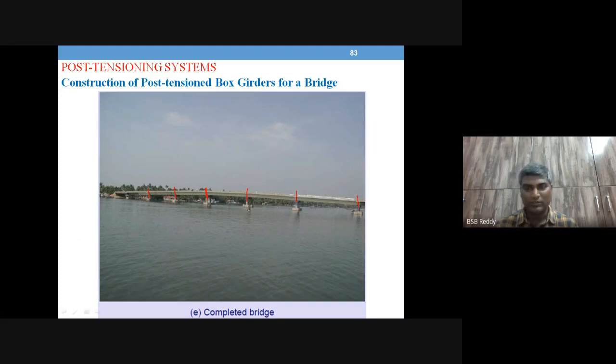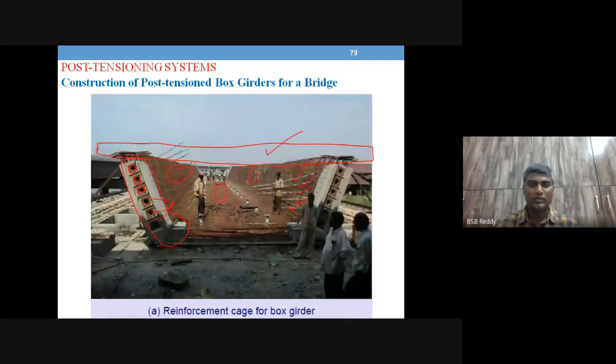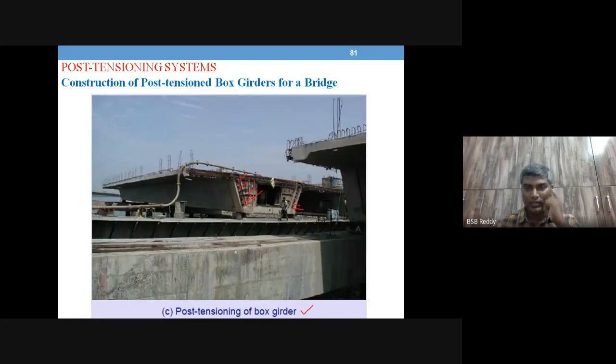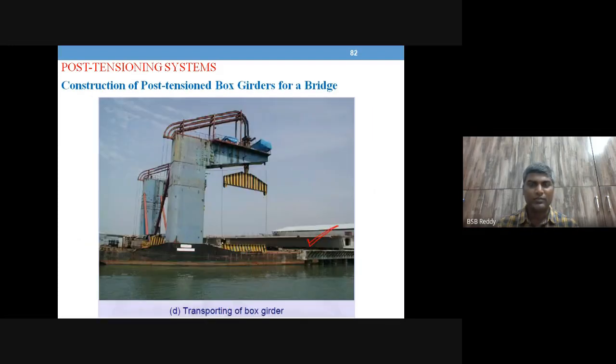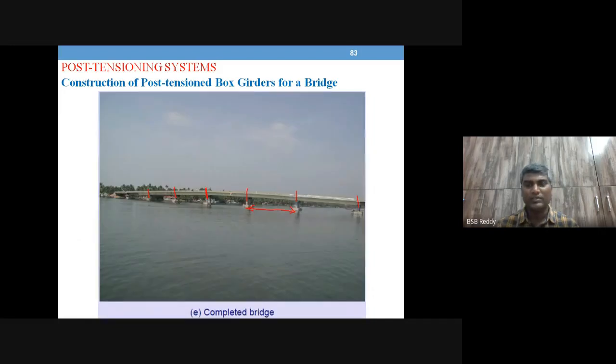This much span you can see is being made ready; just transport it and place it in position. So this is the second example: a box girder where ducts are left for pre-stressing steel, then formwork, then tensioning operation of the girder, then transporting it, then placing it in place to have a bridge.